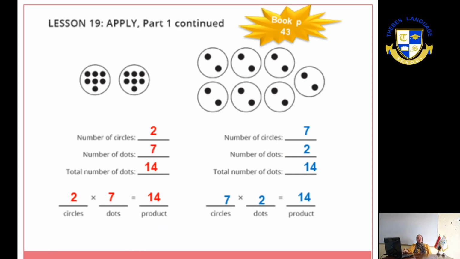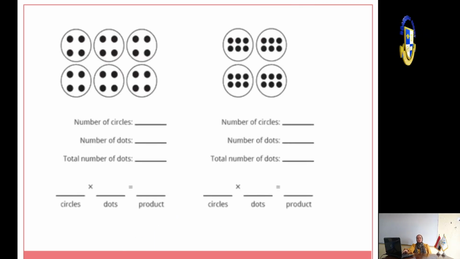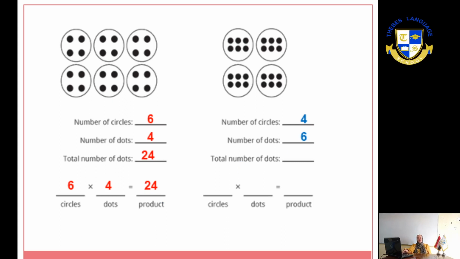Okay? In the next page, we have the number of circles equals 6, the number of dots equals 4, the total number of dots equals 24. So we can say 6 times 4 equals 24. In the other picture, we have number of circles 4, and we have 6 dots inside each circle.